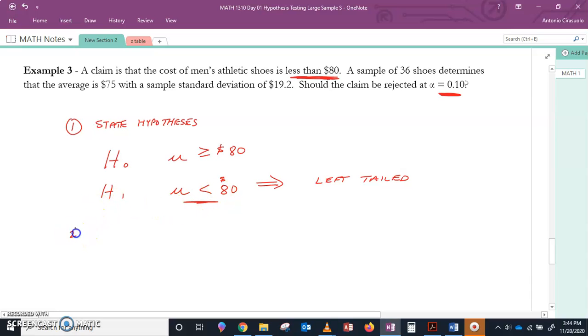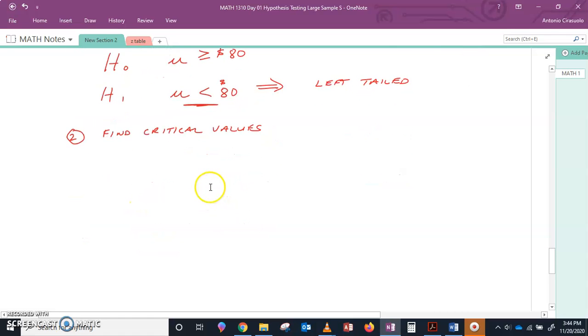So second is to find the critical values, based on our information. What does that look like? Once again, in terms of our picture, let's put our normal curve with the mean in the center.